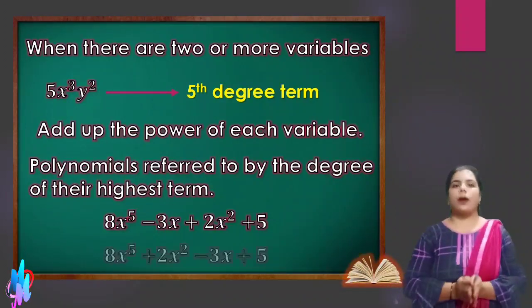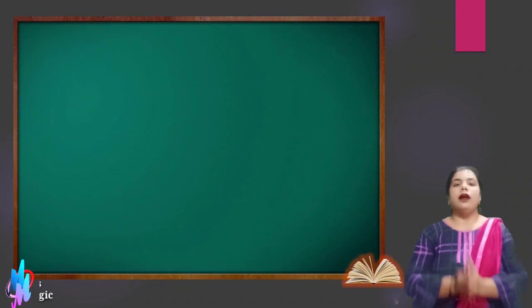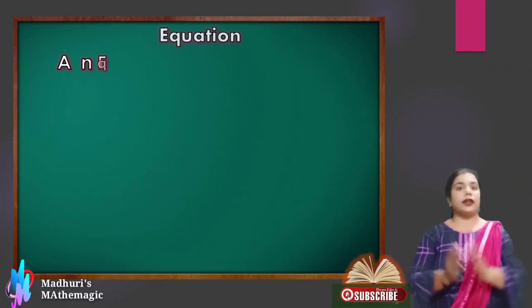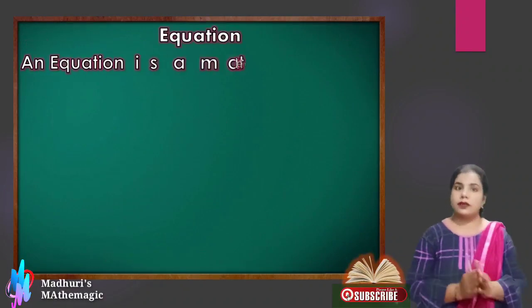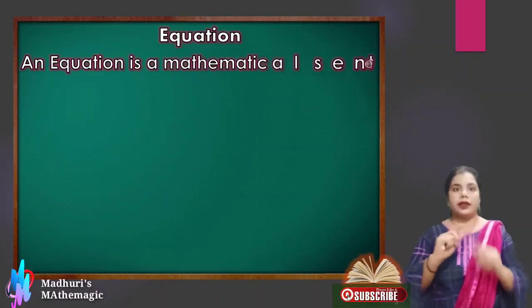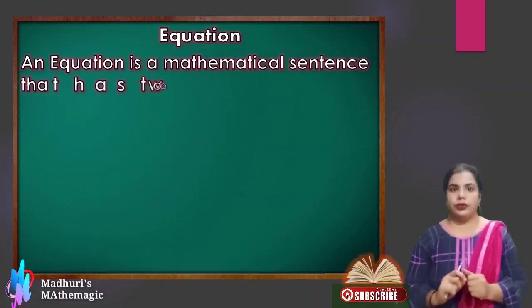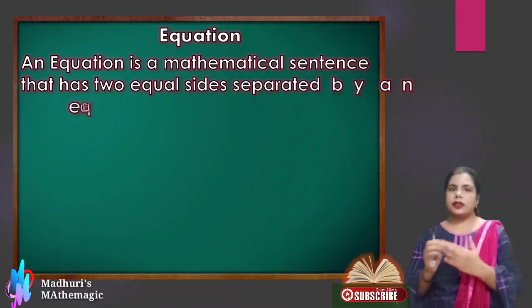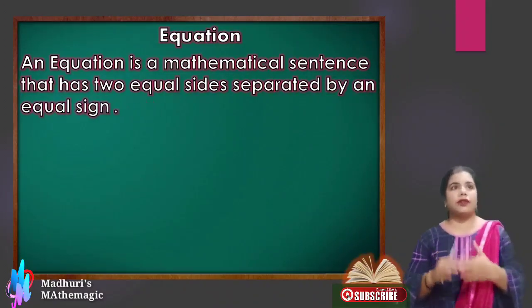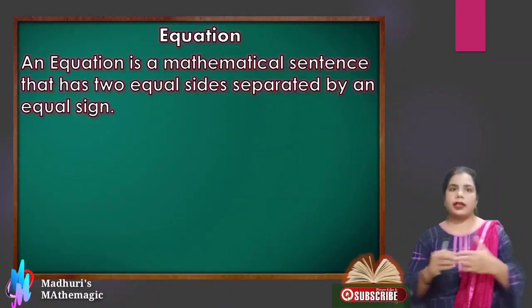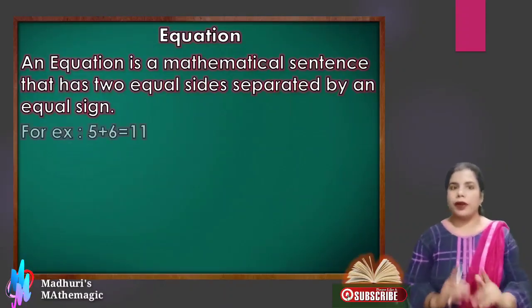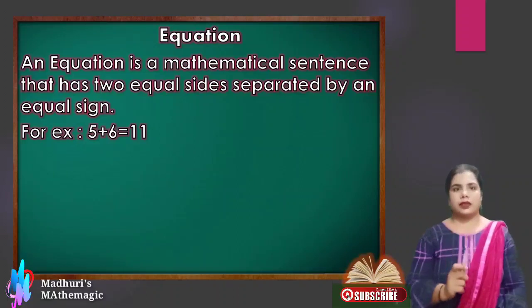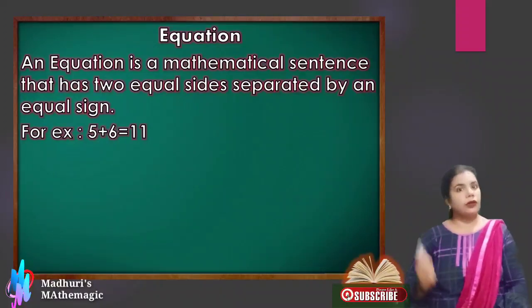Okay, our next topic is equation. Equation means actually there are two sides, left hand side as well as right hand side, and in between that equal sign is used here. Okay, so what is equation? An equation is a mathematical sentence that has two equal sides separated by an equal sign. For example, 5 plus 6 equals to 11.